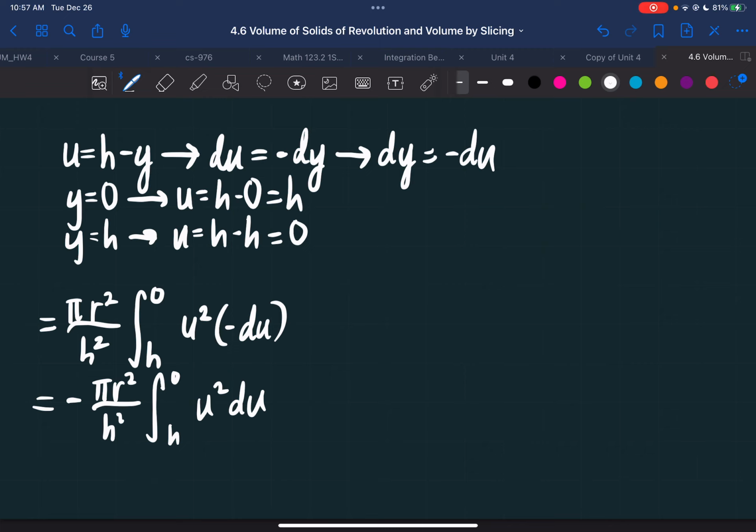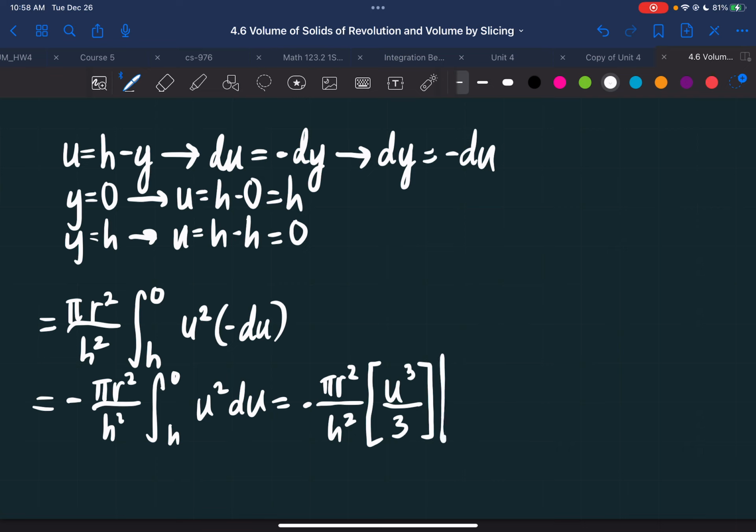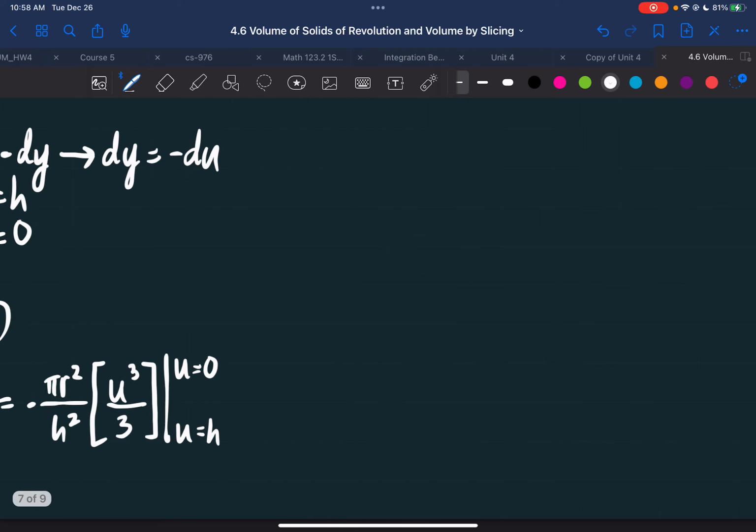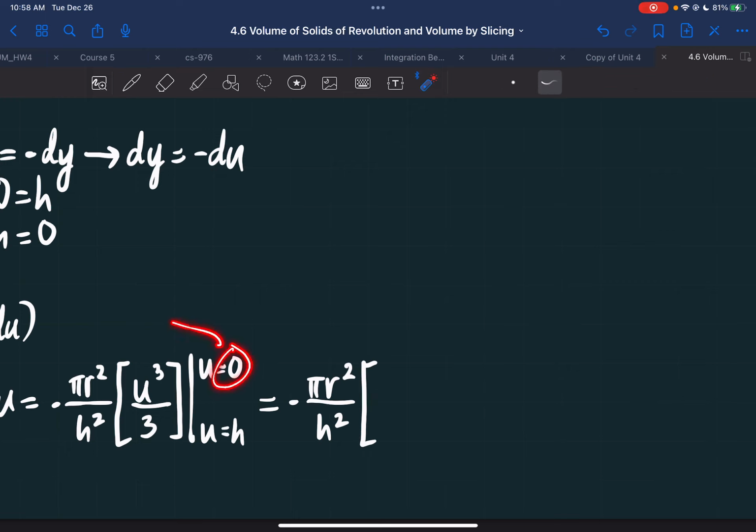And this one is just easy. So you have negative pi r squared over h squared multiplied by the integral of this one, which is u cubed over 3, u raised to 3 over 3. But you're evaluating this one from u equals h to u equals 0. So what we have right here is negative pi r squared over h squared multiplied by, first we plug 0 here.